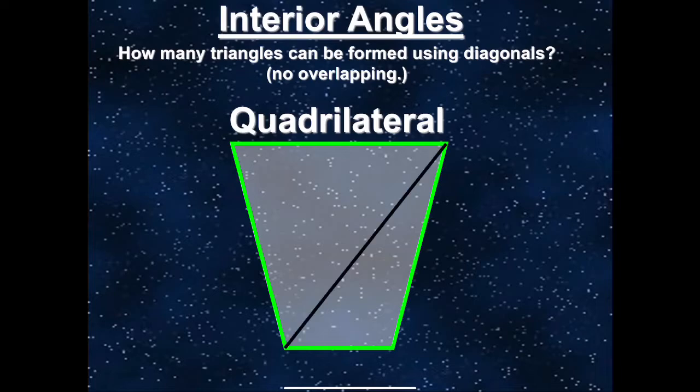So once you put those diagonals in there, you'll notice that we have triangles. Now those triangles are not equal. Obviously, this triangle is the bigger triangle, and then we have the smaller of the two. But that is not really the point. The point is, what is the measurement of the angles? And we know that the angles of a triangle, because of the Triangle Sum Theorem, are going to add up to 180 degrees.